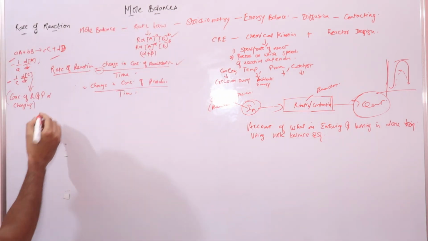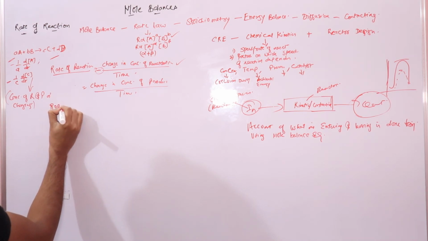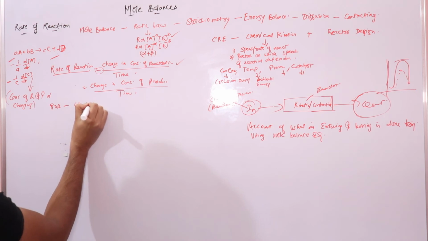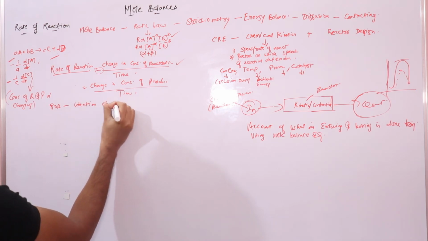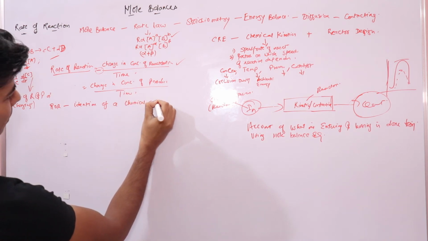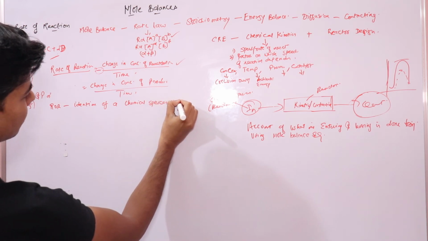So the rate of reaction, when we say it, is when the identity of a chemical species changes.